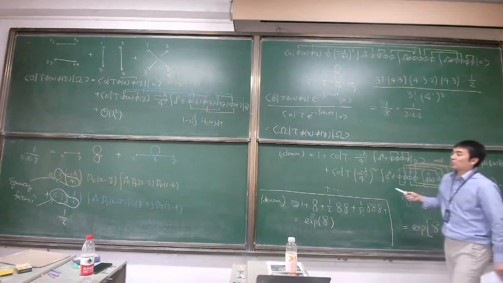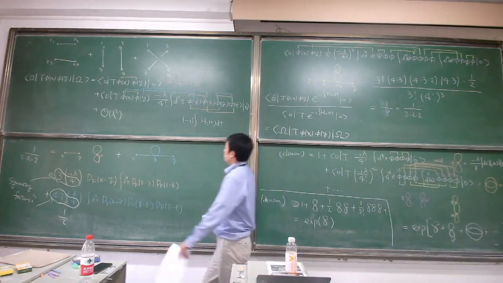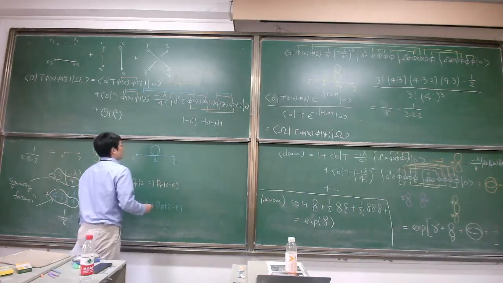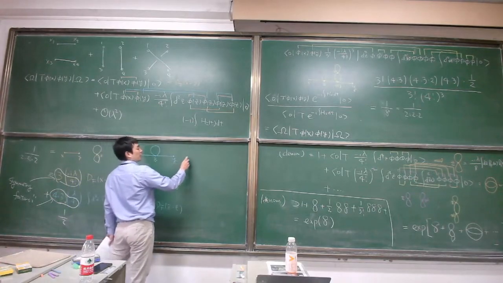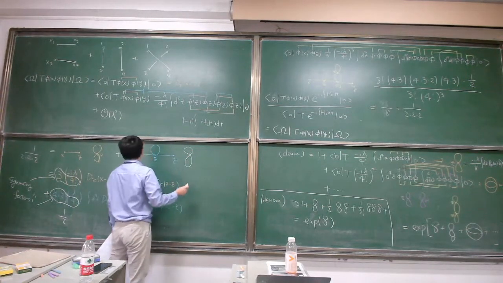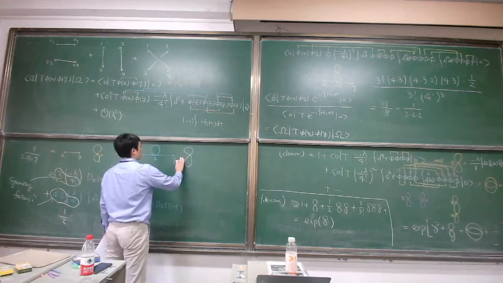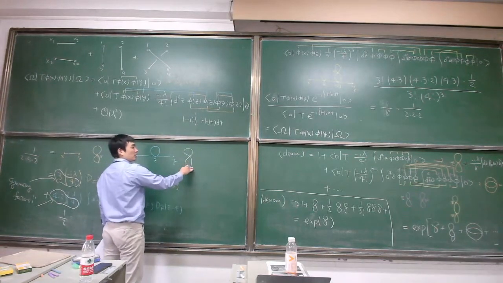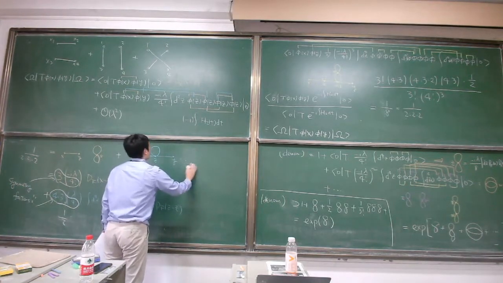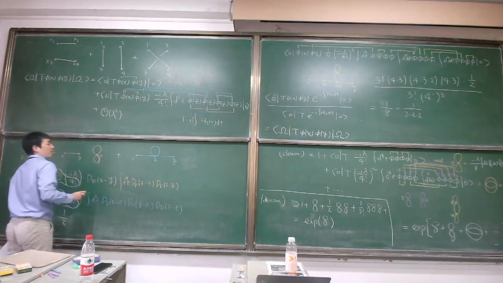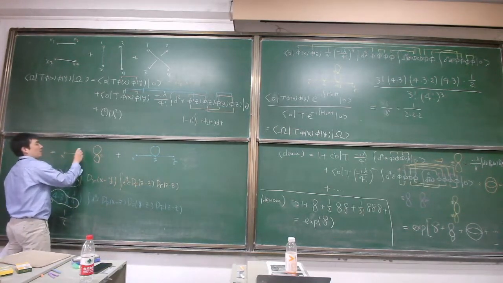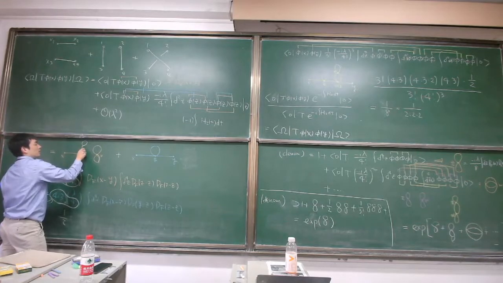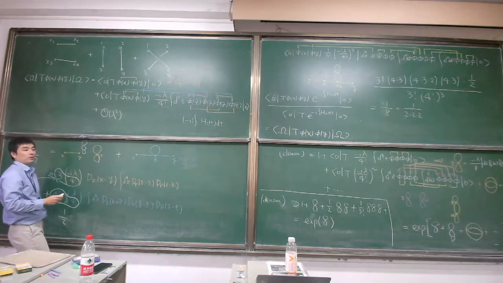If you go to higher order, in addition to this loop, this kind of loop will show up. And also this times this, and whatever, this will show up.